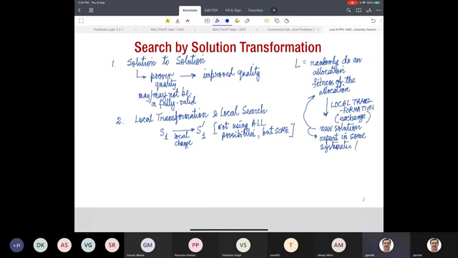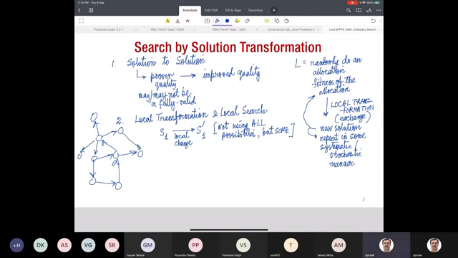Here, the systematic could also be stochastic, because the space is so large that you would like to explore that space. So this space is a little different from our original state space. Here we are moving from solution to solution.